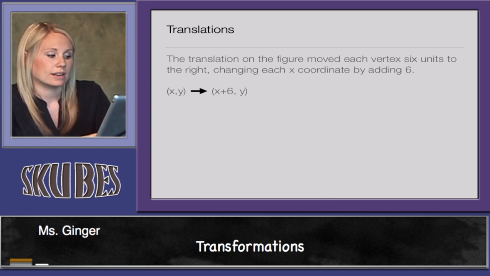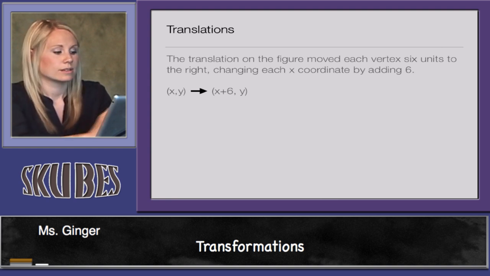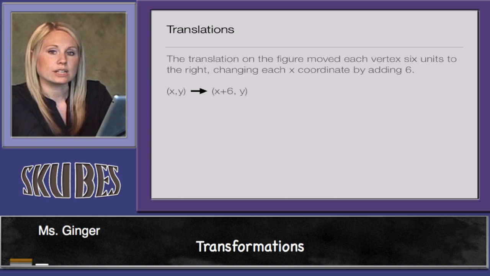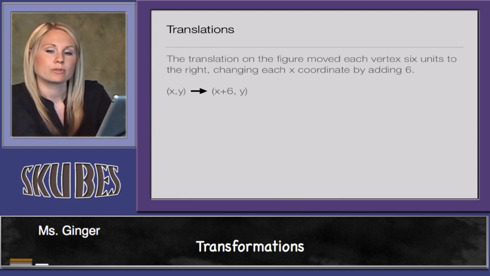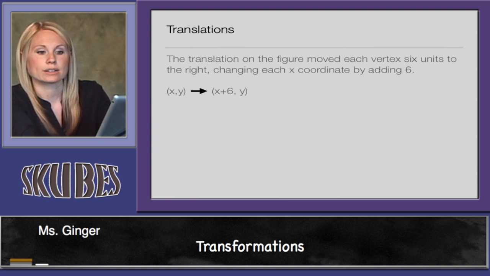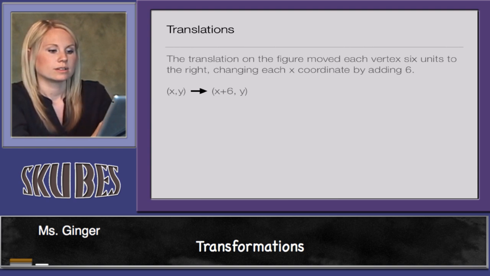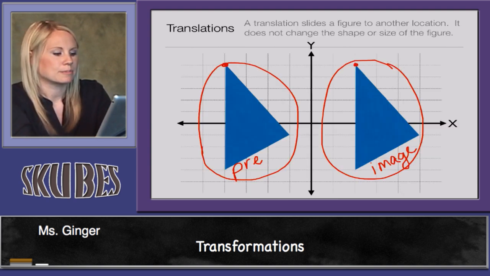So to look at that in the coordinates, each of the vertices will go from a coordinate of (x, y), whatever they are, to (x + 6, y). Each one will be moved over 6. So this adds 6 to our x coordinate. So let's go back and take a look at that.